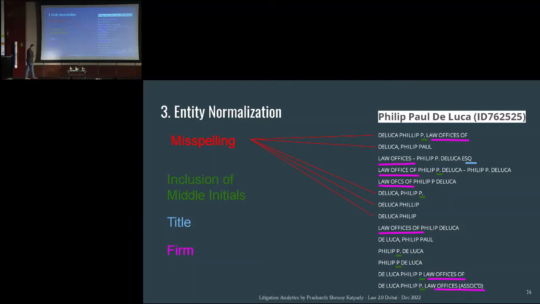And so entity normalization is sort of the base for us to generate any analytics, for us to be able to provide tools so that research can be done in a whole different way than just text-based research. Because now you can actually look up this particular attorney with an identifier from a list of attorneys and try to find all the cases that that attorney has been involved in.